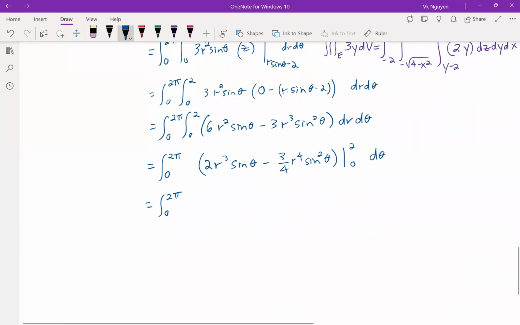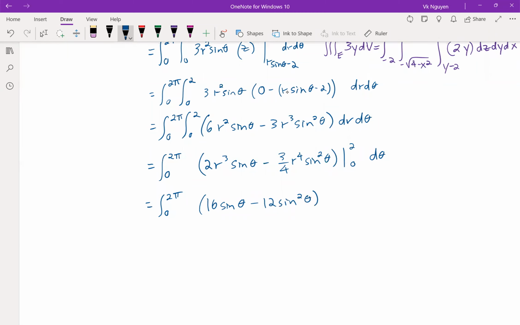Okay, work it out. So plug in the 2 in here. We get a 16 sine theta. Okay, plug in the 2 in here. So minus, 2 to the 4 is 16, right? So 3 times 16 divided by 4 is 12, so minus 12 sine squared theta.